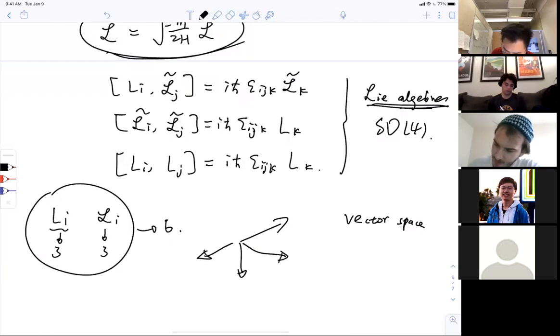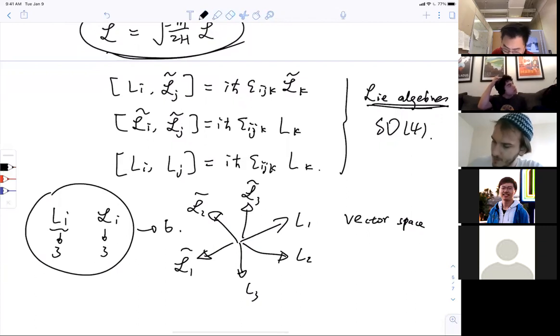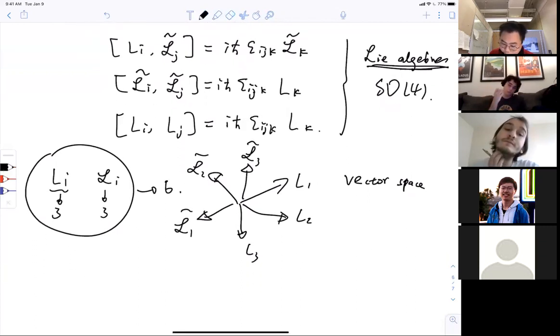There are six basis elements, L1, L2, L3, kernel L1, kernel L2, kernel L3, something like that. So it's just a vector space with some bilinear operation. In this case, it's the commutation.